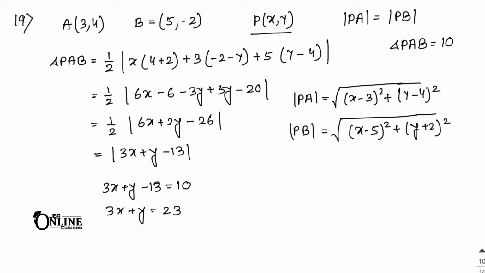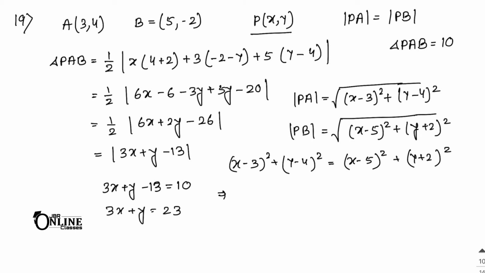Now as mod PA equals mod PB, you can write directly (x minus 3) whole square plus (y minus 4) whole square equals (x minus 5) whole square plus (y plus 2) whole square. Now the x square and the y square parts will cancel out from both sides.